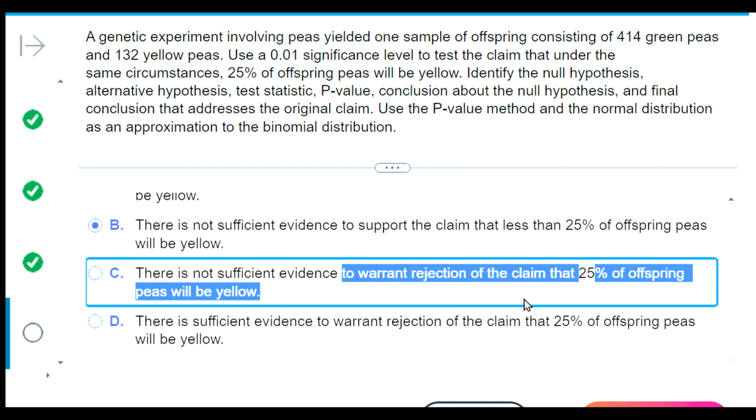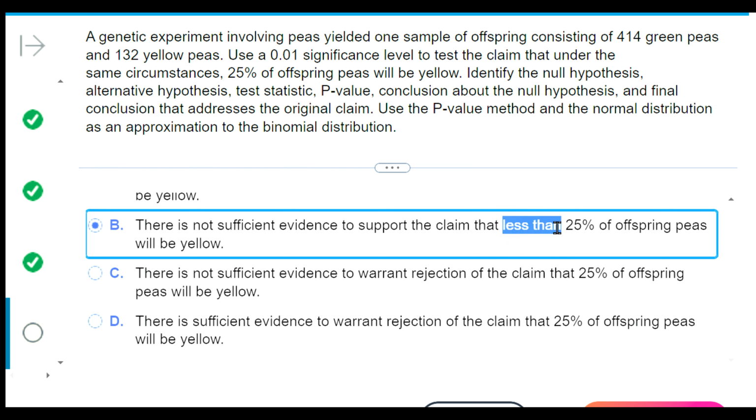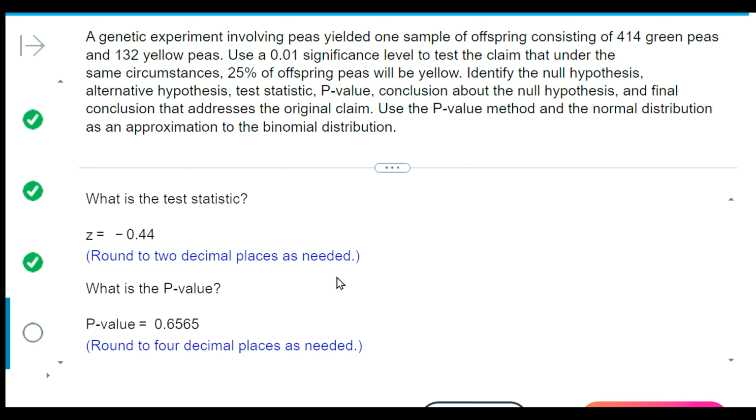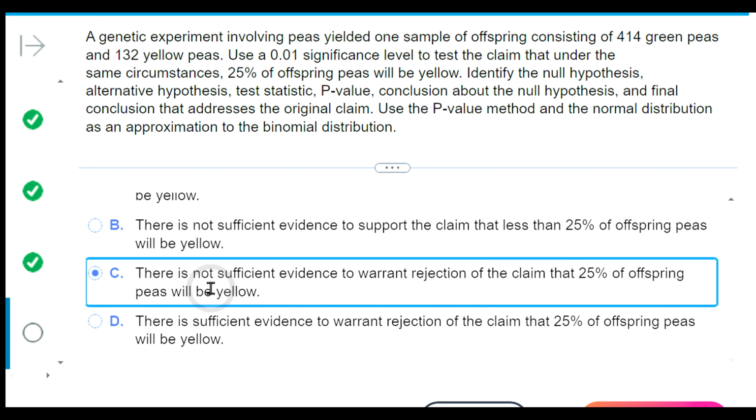I do not have sufficient evidence to reject the initial hypothesis. Well, it can't even be this one because our hypothesis test wasn't even about being less than 25%. It was about being different from 25%.